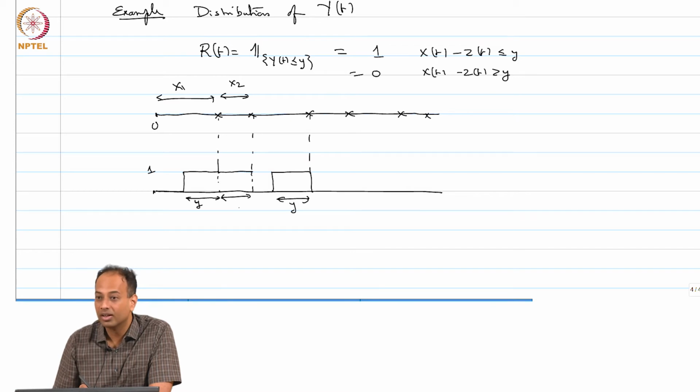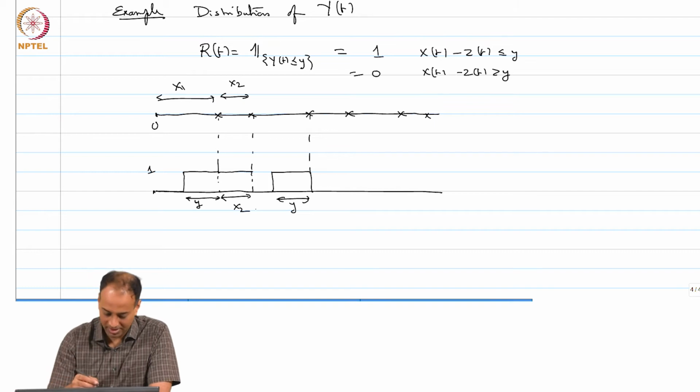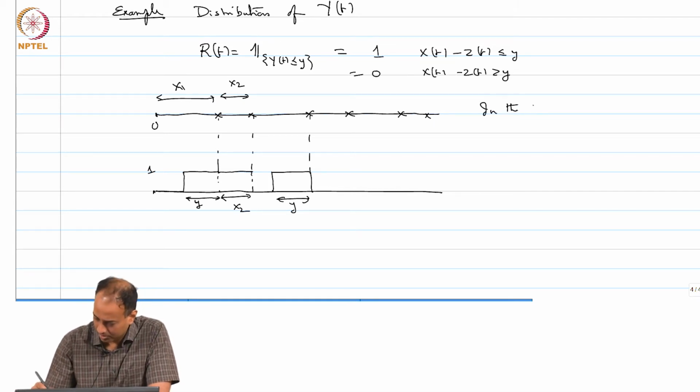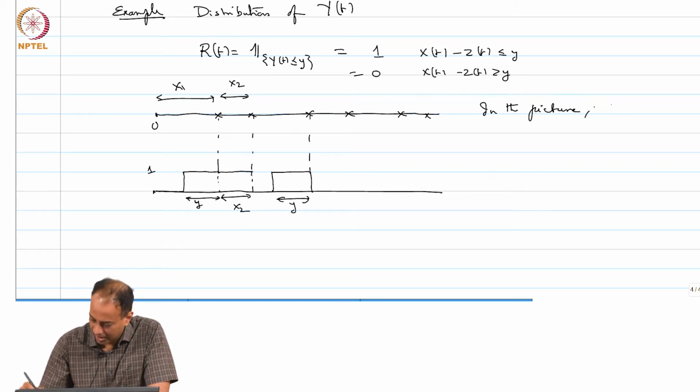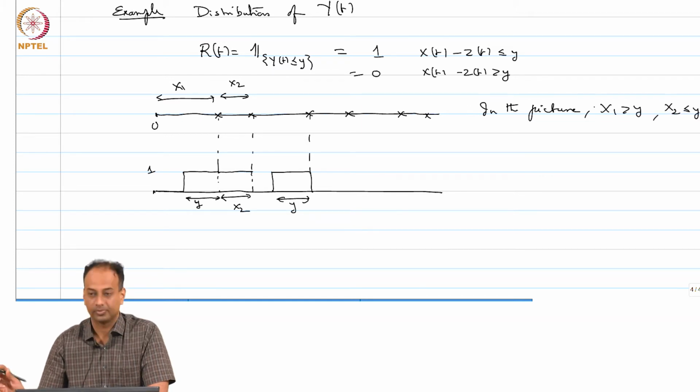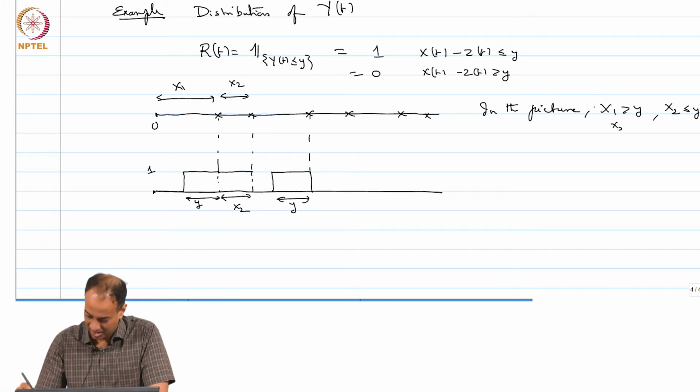In the picture, x1 is greater than y, x2 is less than y, and x3 is greater than y, and so on.